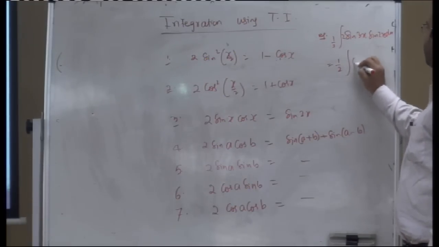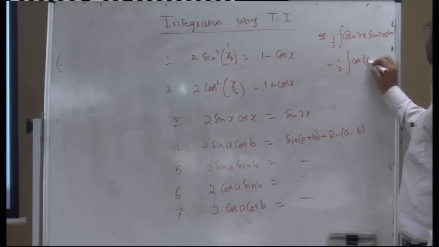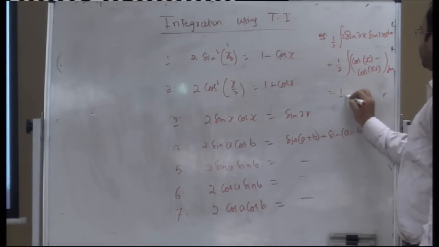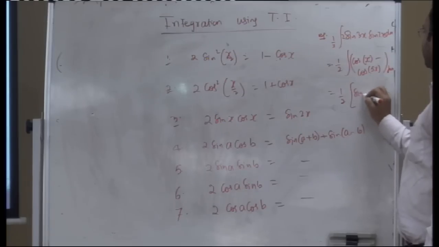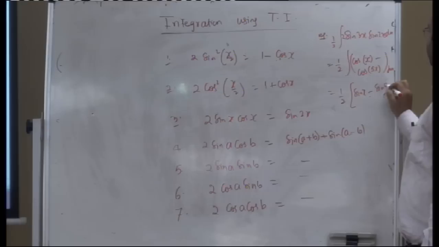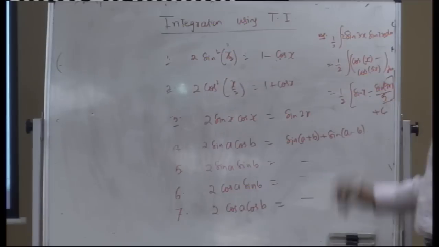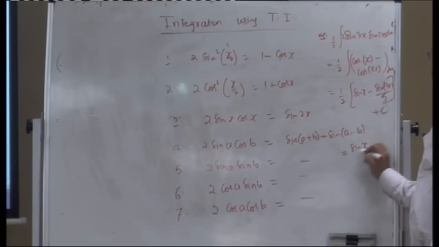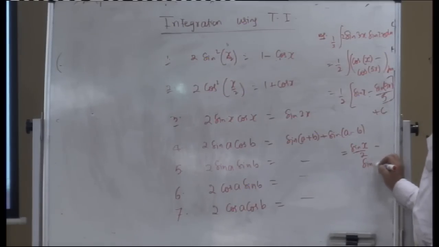That would become cos of a minus b would become x, minus cos of a plus b would become 5x, and dx. Then you will write it like this, half sin x minus sin 5x upon 5 plus c. So this would become sin x upon 2 minus sin 5x upon 10 plus c.